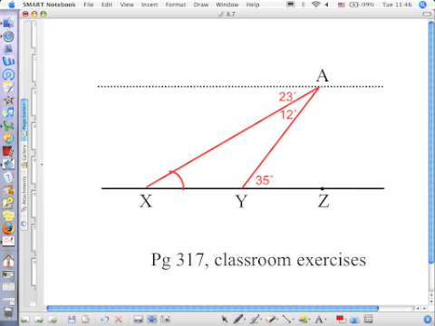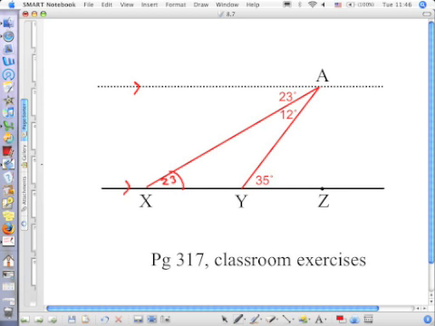Could somebody tell me what the degree measure would be? The ground and the horizon here and the horizon there are parallel with each other. So it would be 23 because those are alternate interior angles formed by parallel lines and a transversal.